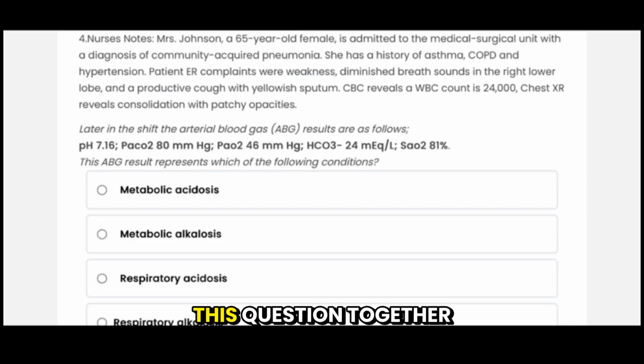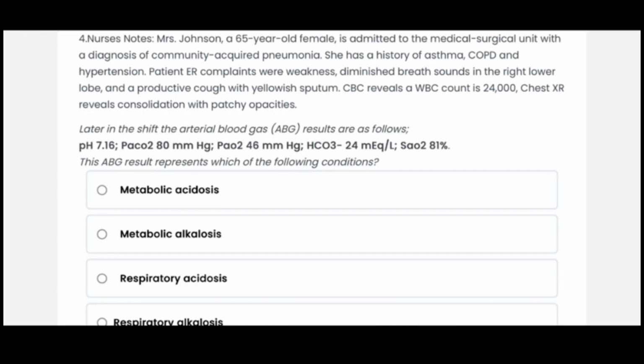All right, let's read this question together. The nurse's notes say that Mrs. Johnson is a 65-year-old female admitted to the medical surgical unit with a diagnosis of community-acquired pneumonia. She has a history of asthma, COPD, and hypertension. The patient's ER complaints were weakness, diminished breath sounds in the right lower lobe, and a productive cough with yellow sputum. CBC reveals a white blood cell count of 24,000.